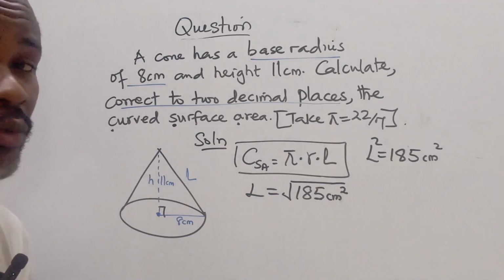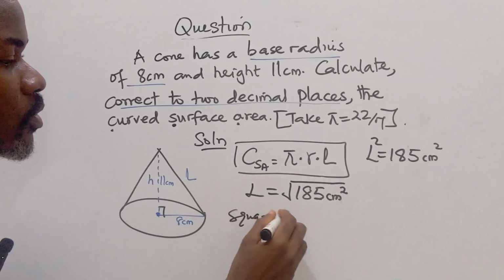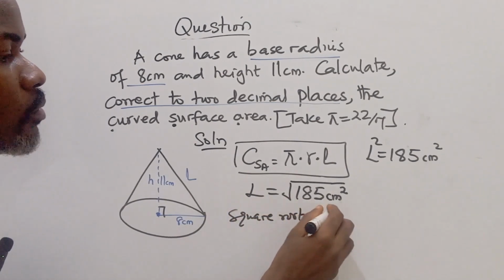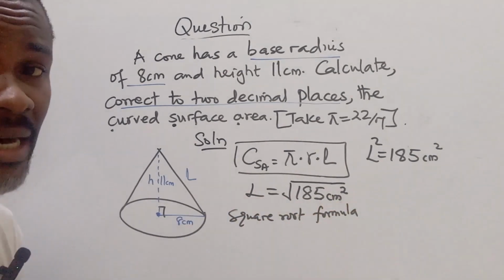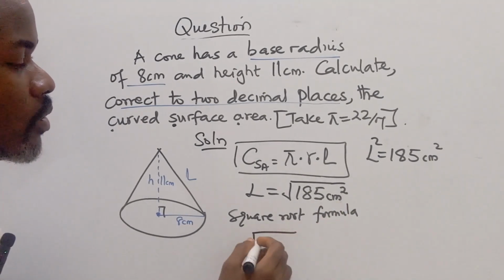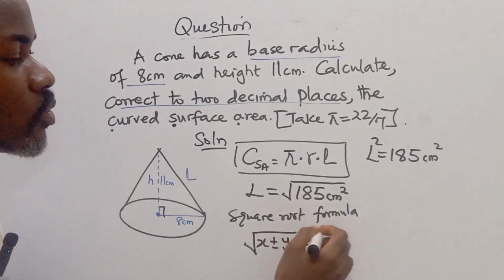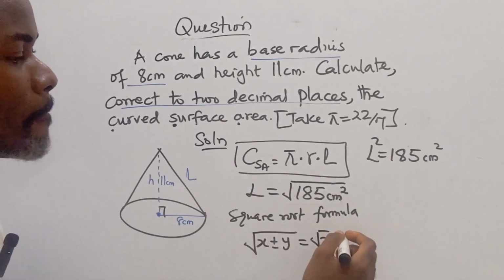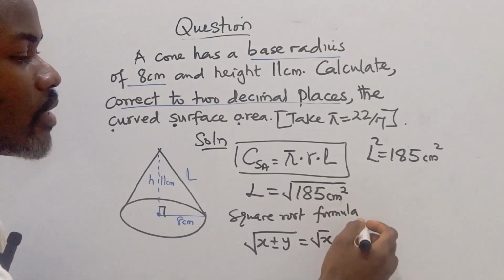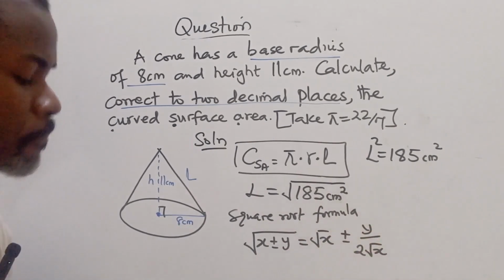Now I'm going to use the square root formula. If you don't mind, you can also press your calculator. For the square root formula, the square root of x plus or minus y is equal to the square root of x, plus or minus y divided by 2 square root x.